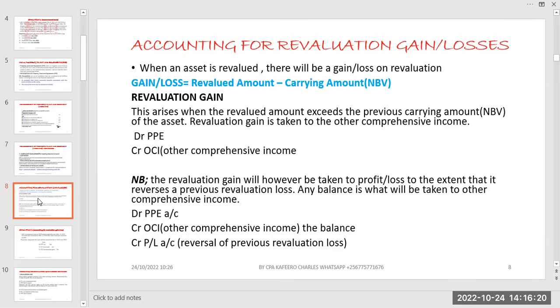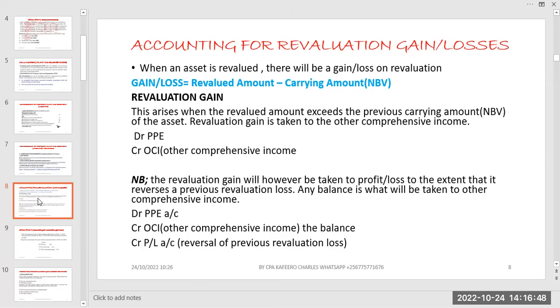So how do we account for a revaluation gain? This arises when the revalued amount exceeds the previous carrying amount or net book value of the asset. If we revalue upwards, it means there is a gain. That gain comes after comparing the revalued amount and the previous carrying amount, not the cost of the asset.